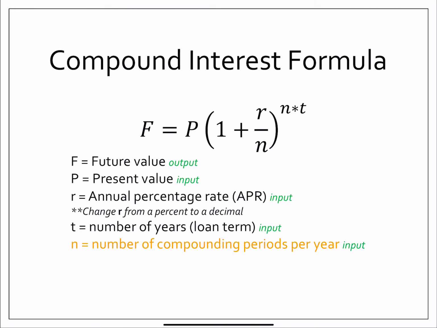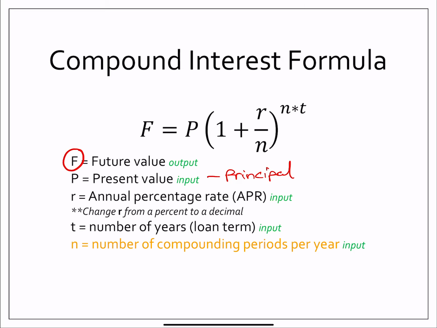In this formula, what we're usually trying to find is the future value. Then we need to know the present value or the principal, and then we need to know R. We need to know T, which is the number of years.